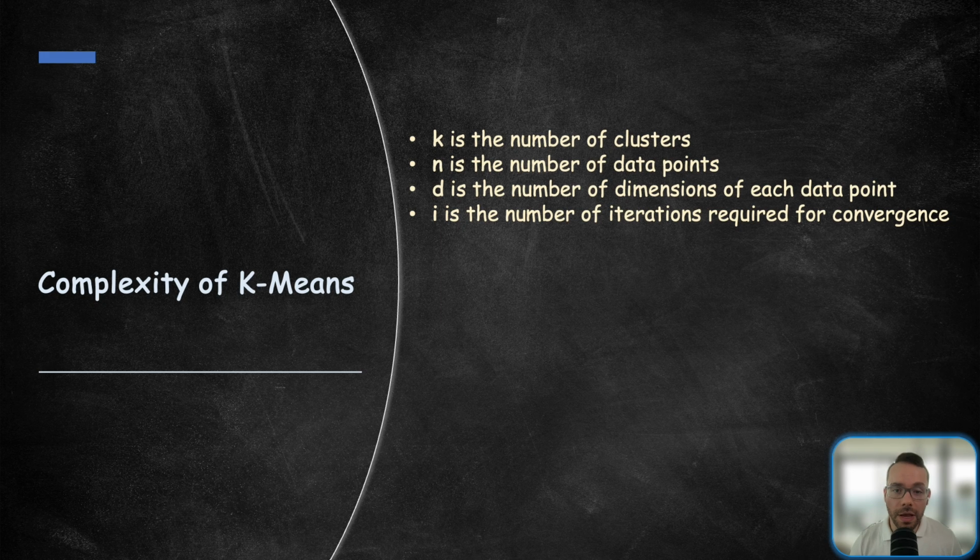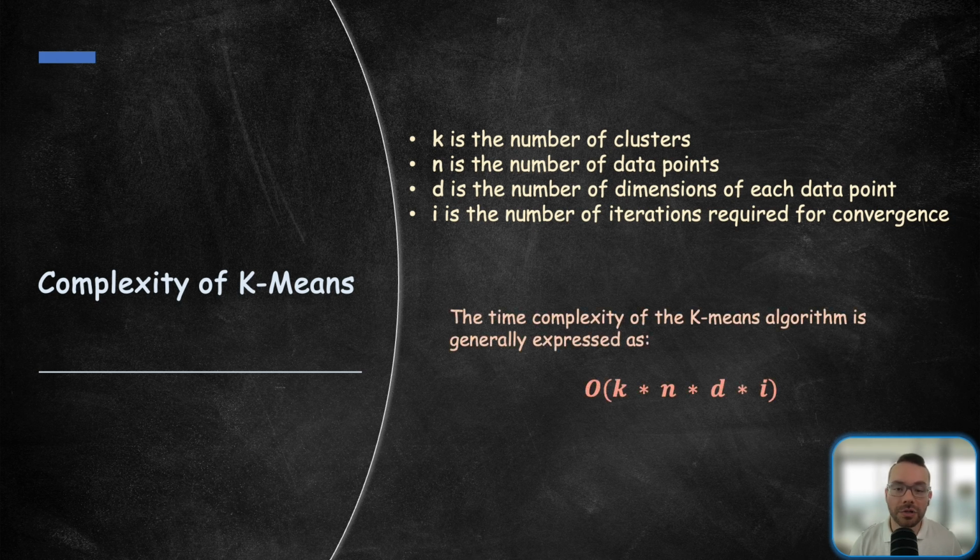It turns out, in order to calculate all those distances between each of the data points and across all different dimensions, we require a time complexity of big O of K N D I. So it should not surprise you that if you have a lot of data points and your data is high dimensional, k-means can be very, very slow.